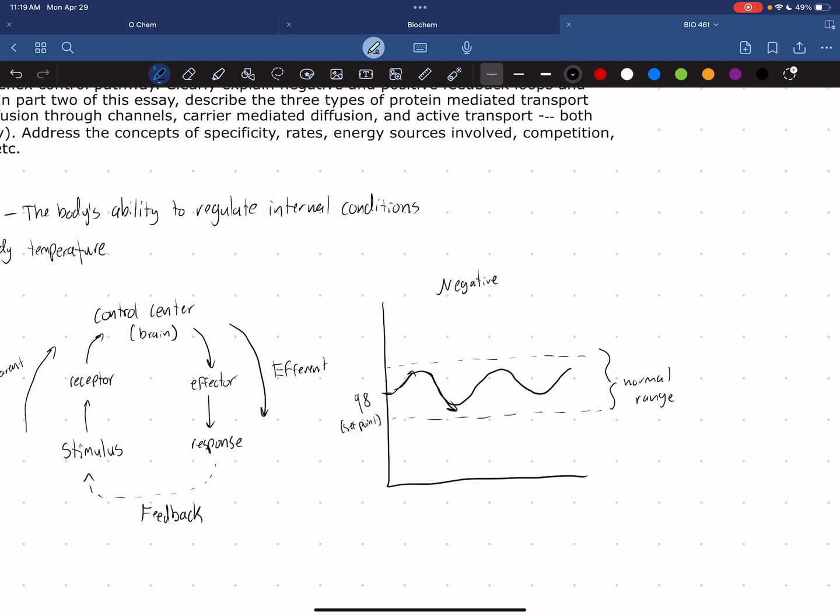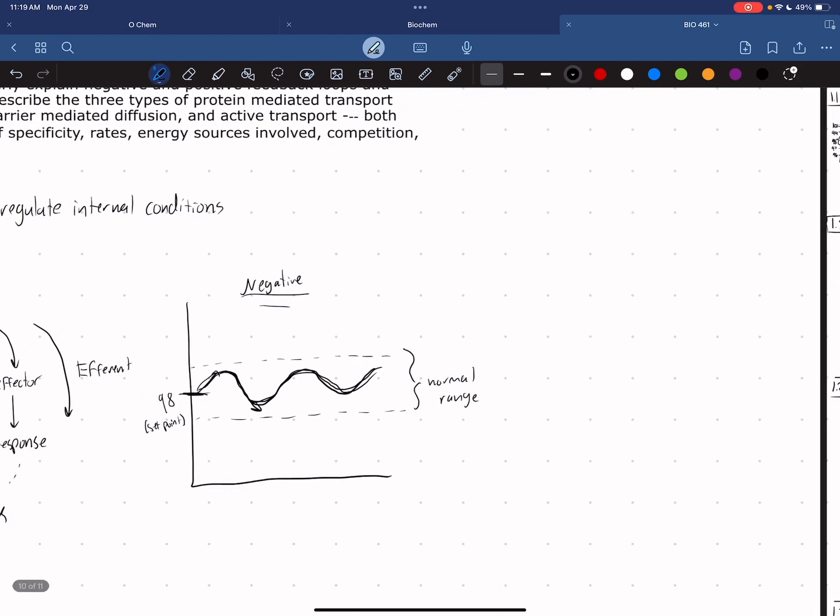This loop of the body adjusting its temperature by doing certain things in order to keep the temperature within the normal range is what's called negative feedback. The body will do things to keep this temperature as close to the set point as possible by making small adjustments to turn it back towards the set point, staying within the normal range.